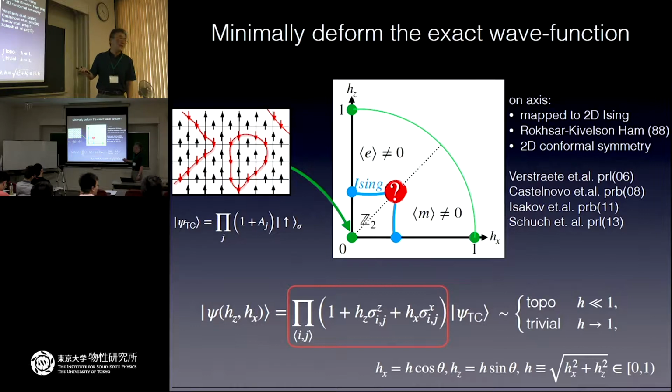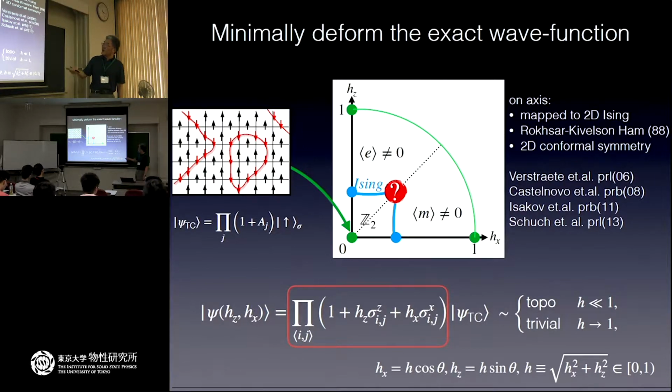Also there's no tuning parameter in this wave function. So in order to consider the topological quantum phase transition out of this topological phase, we have to deform this original fixed point wave function. One way is that some people propose this form to deform the toric code wave function.